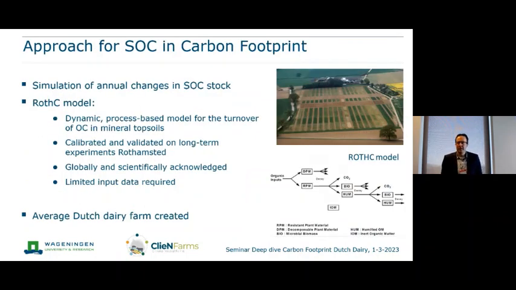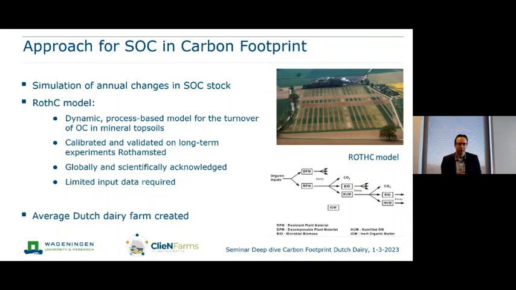So what we used is the RothC model. It's the Rothamsted carbon model. It's a process-based model to simulate the dynamics of organic carbon in the soil. This has been developed quite some time ago in the UK at the Rothamsted Institute, where they have very nice long-term trials of more than 100 years already, like you see in the photo, with plots with different treatments, which is ideal to calibrate such a model.